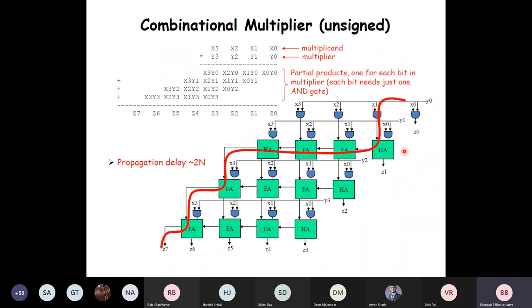And these full adder blocks represent the ripple carry, as you can see. The final carry is propagated to the next layer of adders and so on, and you get the final output here. If you just look into the array of partial products and look into the diagram, this is straightforward.